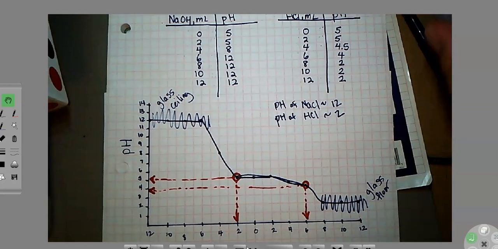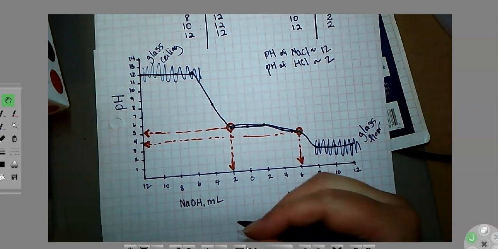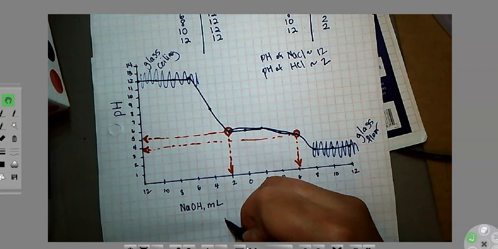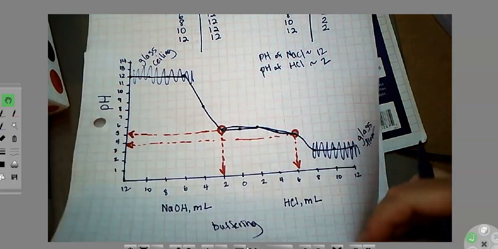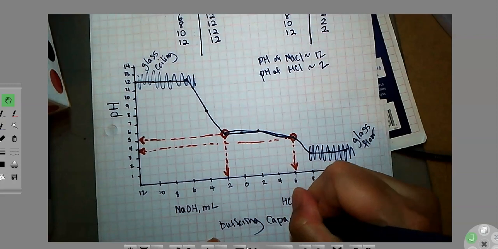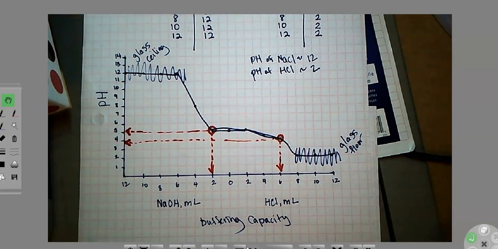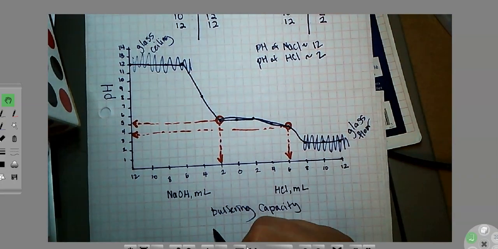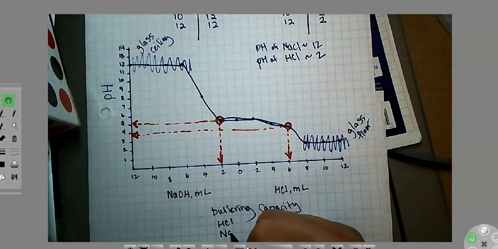All right, so let's first determine what our buffering capacity is, and this is going to be a volume. So there's going to be one for HCl and then one for NaOH.